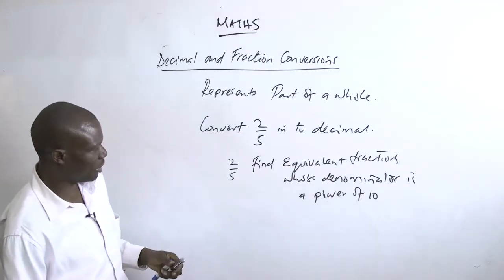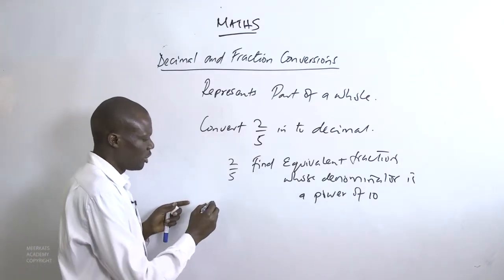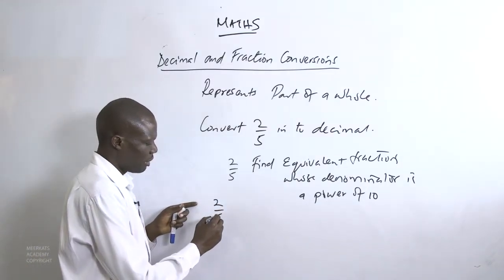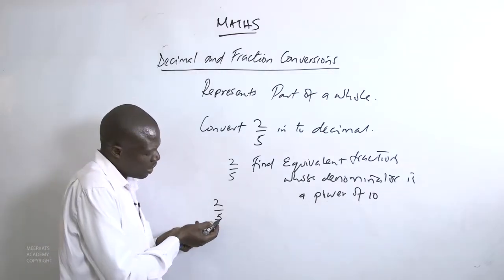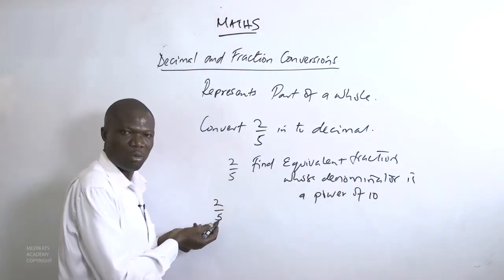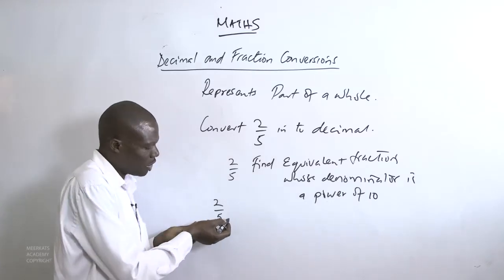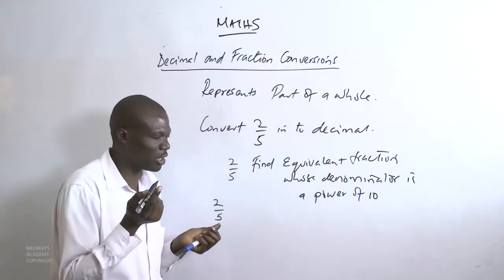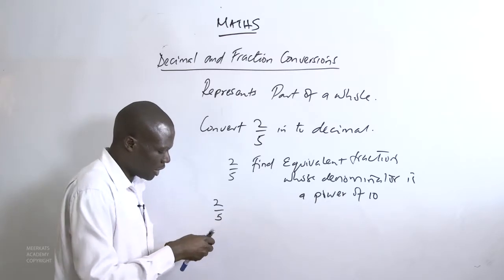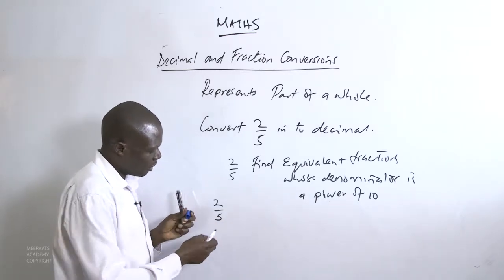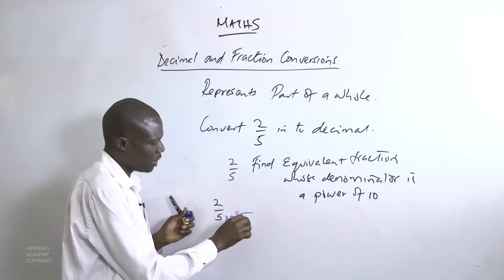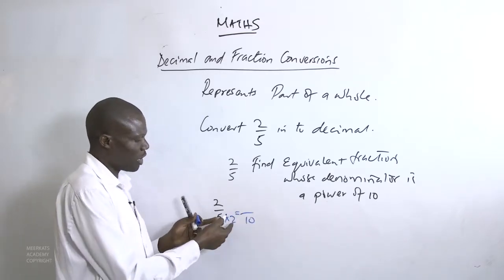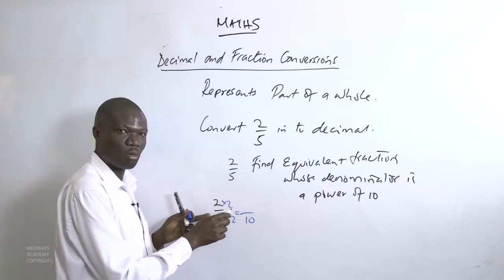And when we say that, looking at 2 over 5, this 5 is what is going to determine what we require to multiply by so that we can get a denominator which is a power of 10. You'll notice that the easiest one is to multiply by 2 so that we have the power of 10 here as 10. So multiply down by 2 and the numerator also by 2.